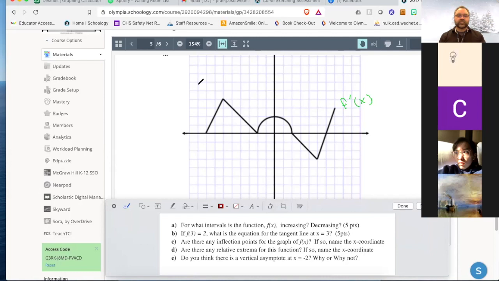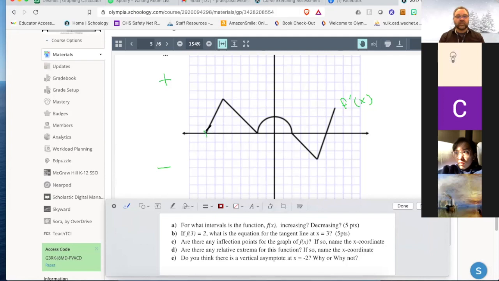Okay, so if this is f prime of x, I want you to think about it like this. If it's above the x-axis, then the derivative is positive. If it's below the x-axis, the derivative is negative. So for what intervals is the function f of x increasing? Well, where is it above the x-axis? Let's see, we got 1, 2, 3, 4, 5, 6, 7, 8.